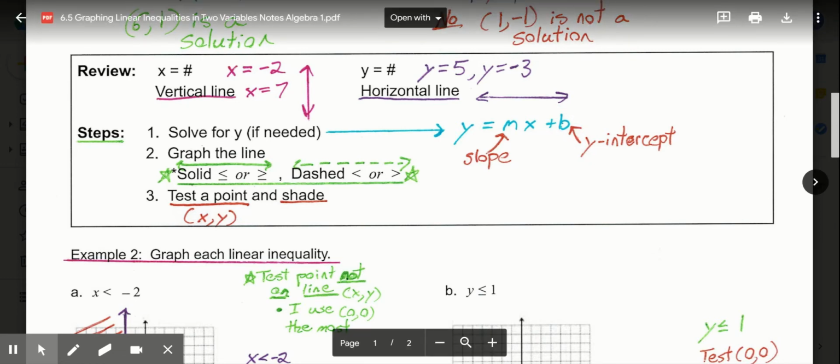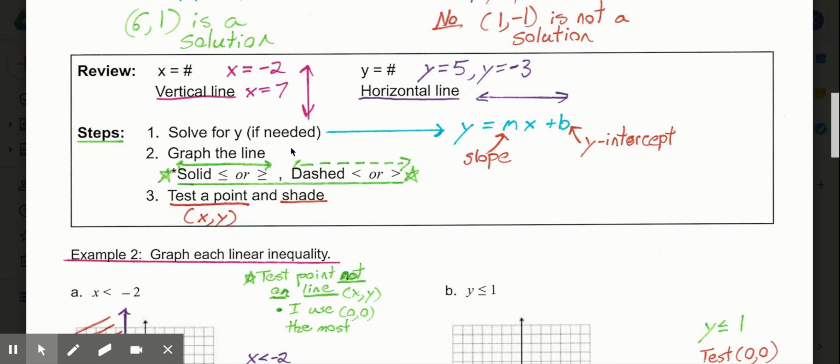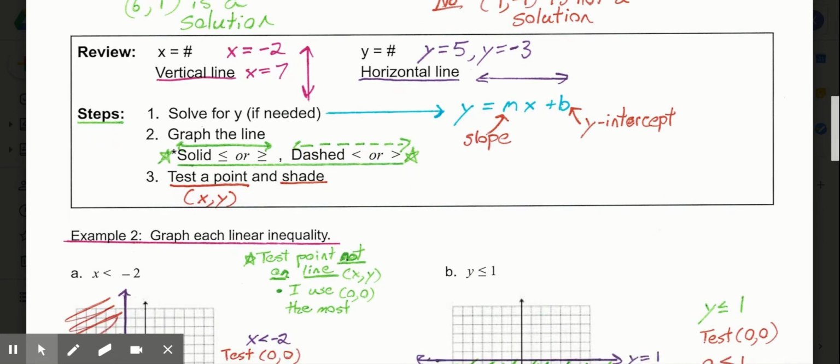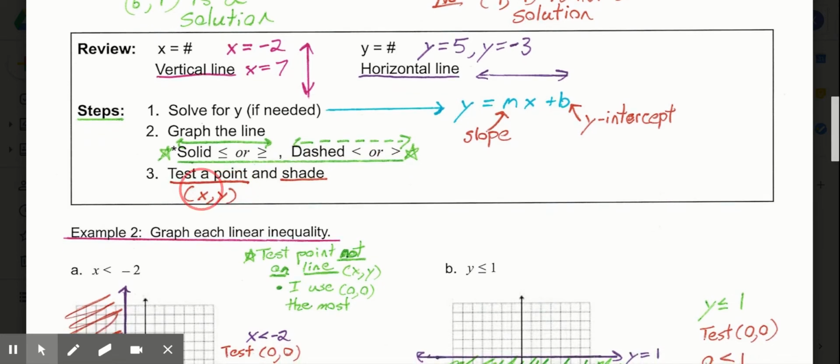Then step 2 is to graph the line. When graphing inequalities, if it's less than or equal to or greater than or equal to, we use a solid line. If it is simply less than or greater than, we use a dashed line. Our final step is to test a point and shade.